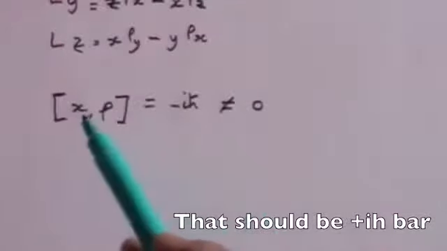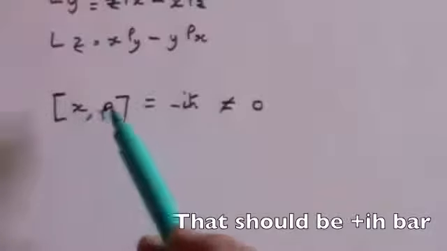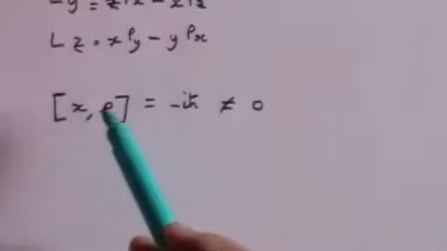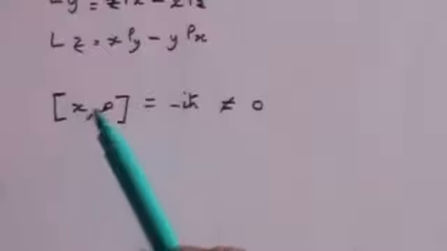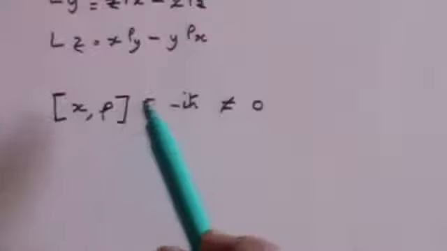And the significance of that is that if you want to make two measurements at the same time, their commutator must equal 0. If it doesn't equal 0, you can't measure them simultaneously. And that's how we showed the Heisenberg uncertainty principle, that you cannot measure position and momentum at the same time.